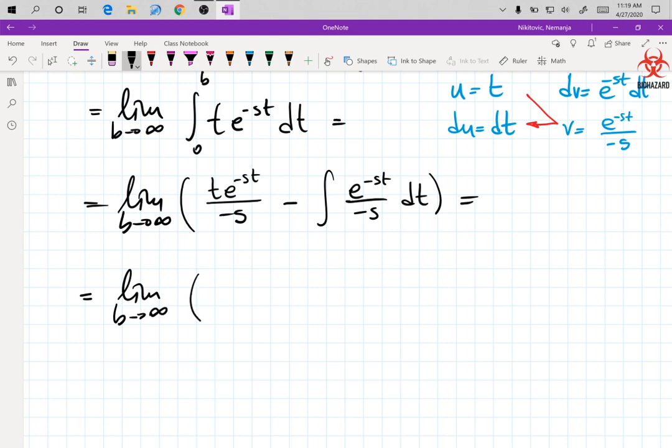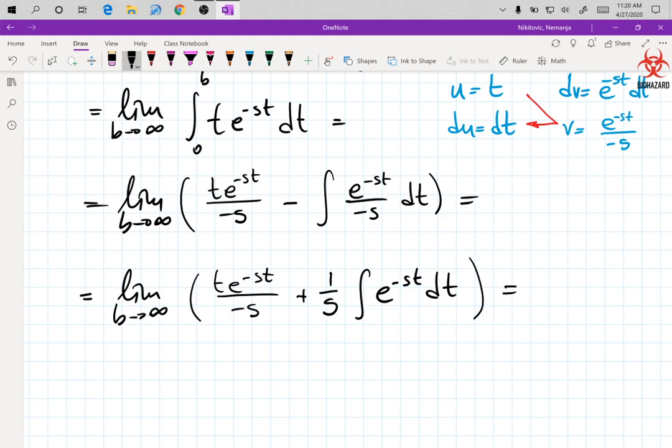We have our t e to the negative st divided by negative s, and over here we have plus 1 over s. You kick that outside, and you have to integrate this again, which will just spit another s outside.